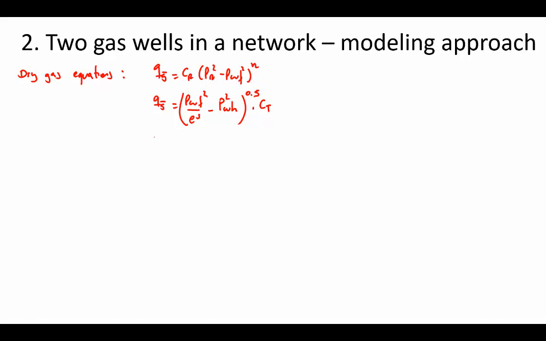The flow line equation we were using was essentially Q gas, P in squared minus P out squared, to the 0.5, times C flow line, and the pipeline the same. So we have solved this problem before.